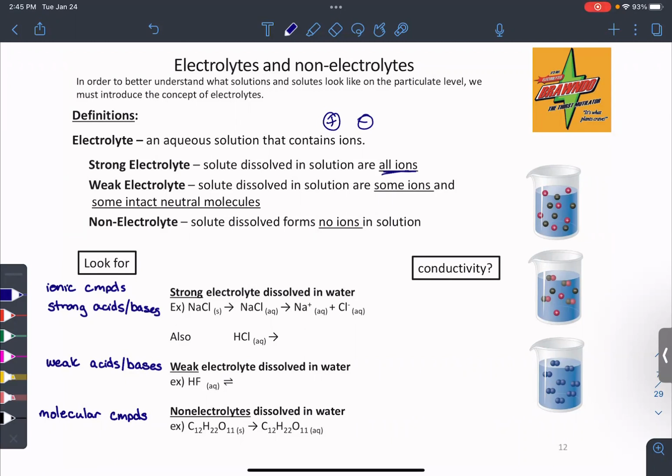Weak electrolytes, on the other hand, still conduct electricity when you dissolve them in water. They just don't form as many free ions in solution, right? So strong electrolytes, all ions. Weak electrolytes, some ions, some intact molecules. And then finally, non-electrolytes, they don't conduct electricity at all because there are no ions present.